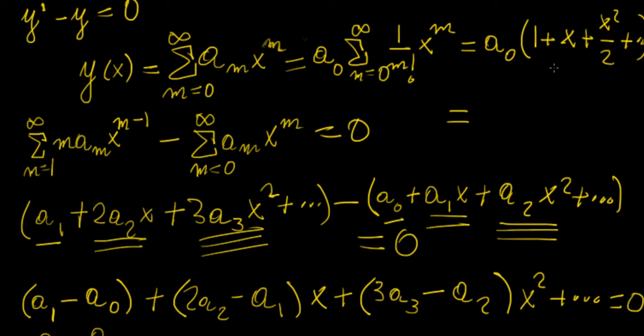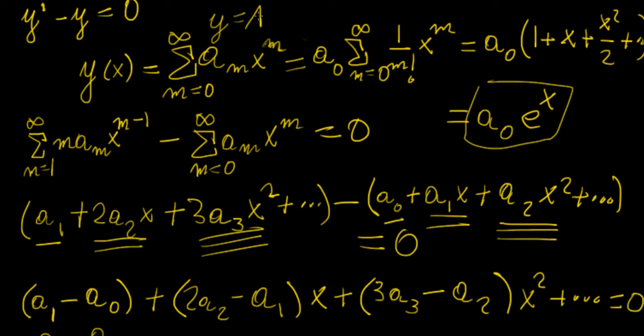And we can notice immediately that this is going to be equal to a0 times the exponential function, because this series here, if you have investigated some infinite series in the past, you would know that this series corresponds to the exponential function. So we have obtained the exact same solution as we did using separation of variables, where we obtained y equals a e to the power of x.